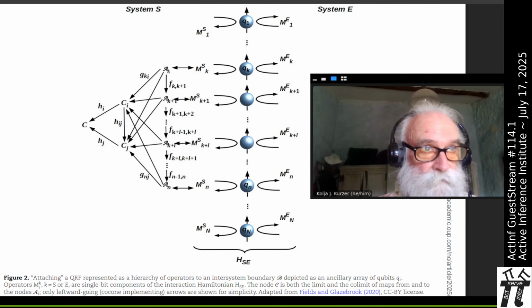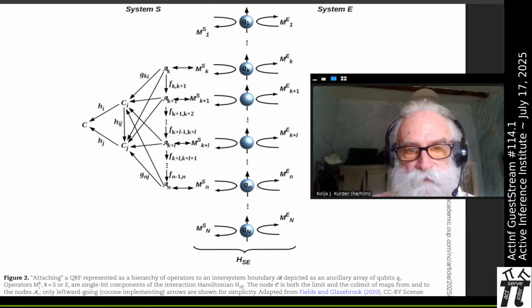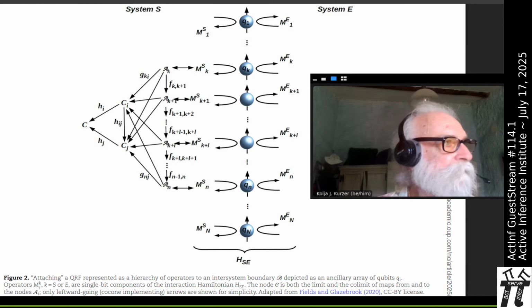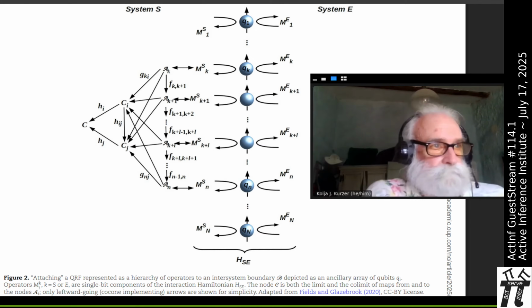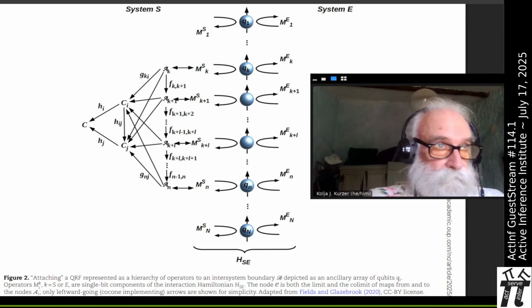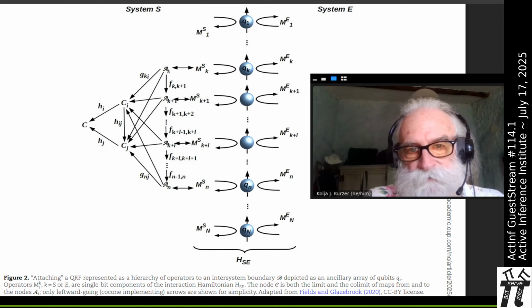So one advantage of the quantum formalism is that it allows you to deal with non-commutativity between operators, which translates as the inability to define joint probability distributions over sets of variables. But if you can define a joint probability distribution over a set of variables, however large it is, you can define one QRF over it. And so you can think of things that, for example, in the early dorsal visual system identify moving edges.